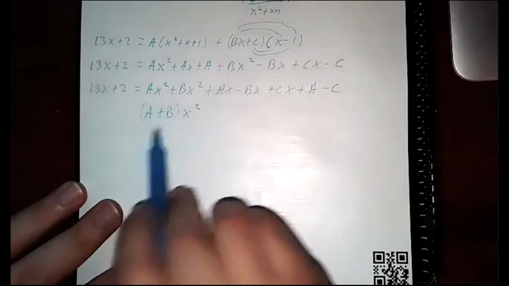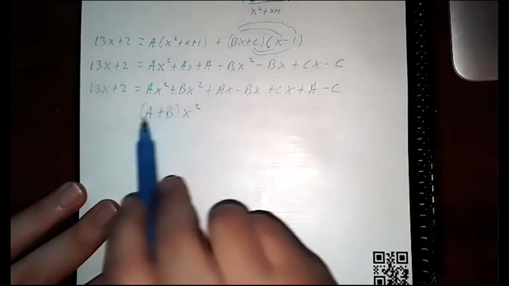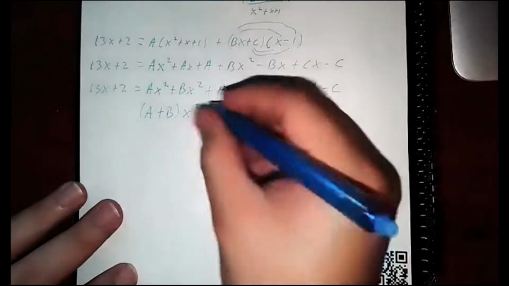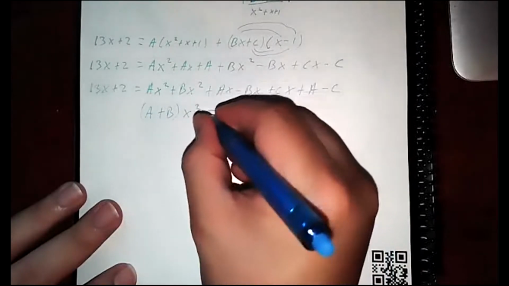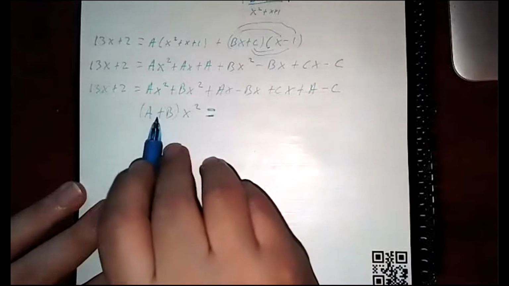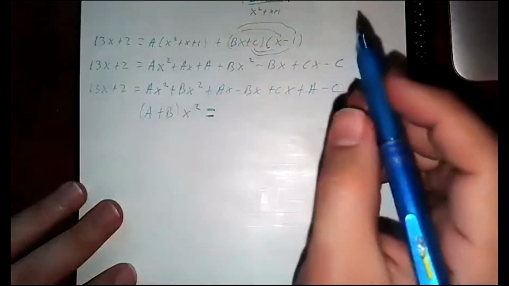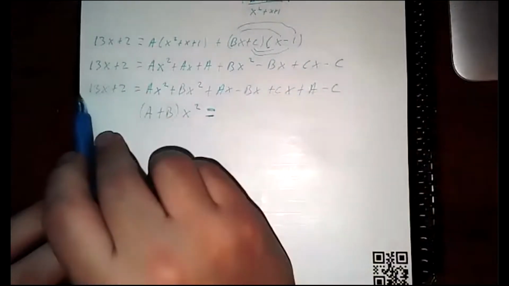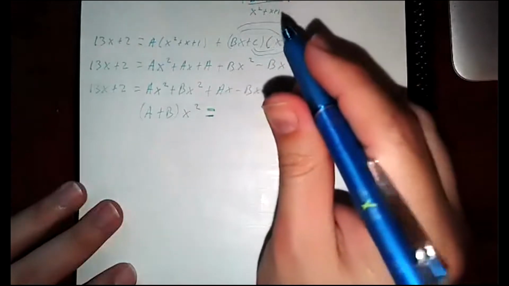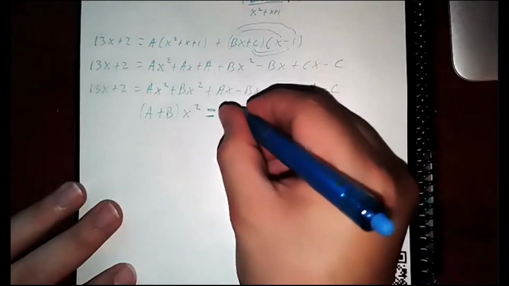So if this was 7, it'd be 7x squared, right? So you equate that to the coefficient. This coefficient will be equated to the coefficient over here. Okay, so there is no quadratic term, right? So that's what's equal to 0.